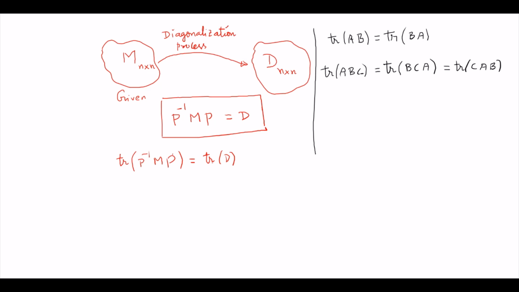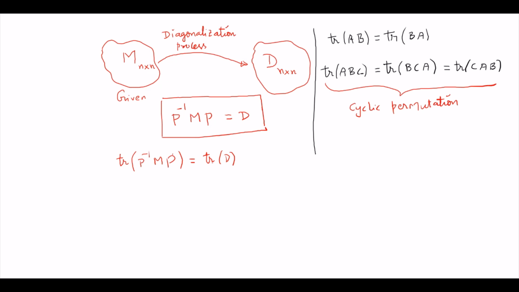So what I did is a cyclic permutation of ABC, whose traces are equal.